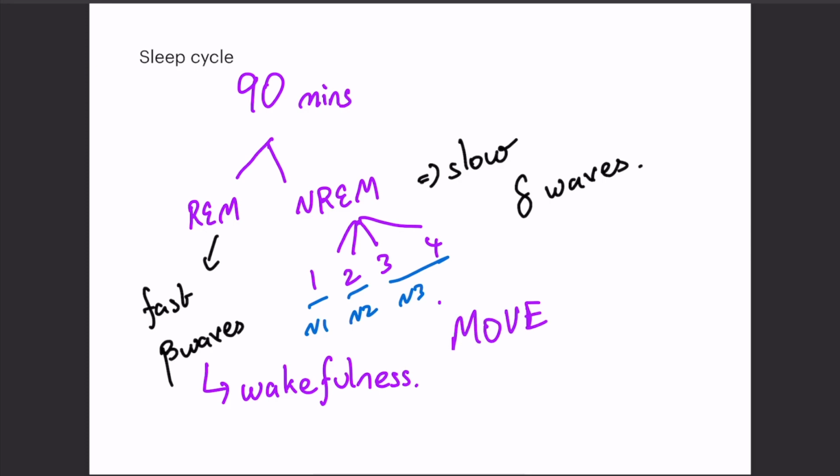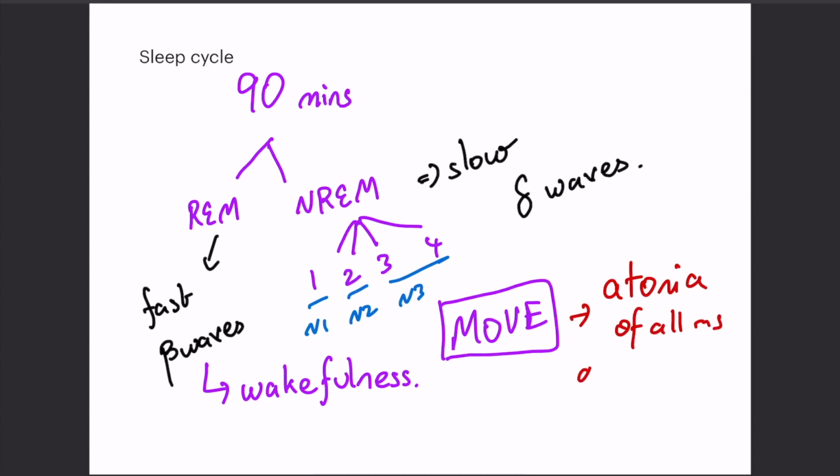So in order to prevent moving during REM sleep, our body deactivates all the muscles. How does it deactivate? It causes atonia of all muscles except the diaphragm and eye muscles, that is extraocular eye muscles. Because of this extraocular eye muscle exception, which does not undergo atonia, the eye moves rapidly, and that's why it is called REM sleep.